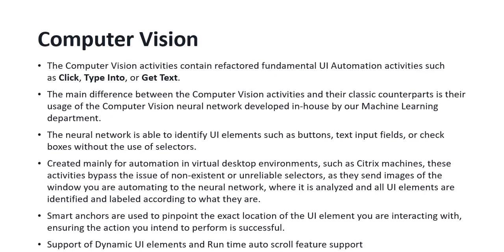And why is it supporting? It's a very logical reason: it is not using our conventional selector. It uses the screen, and from the screen it identifies the location of each element using a neural network and machine learning algorithm.